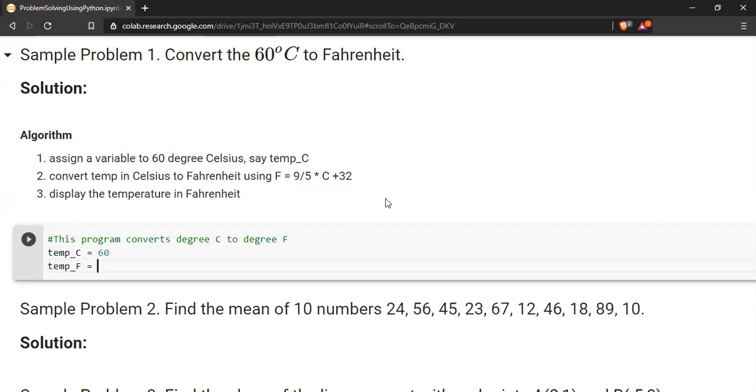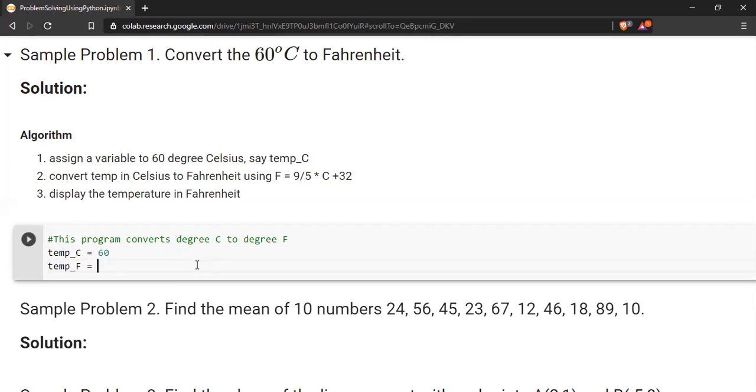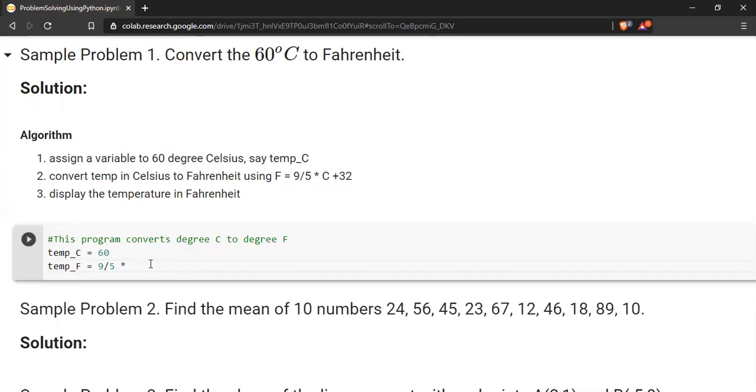And take note, we are in the second step of our algorithm. We are going to use the formula that is specified there. That's 9/5 times the temperature in Celsius. This is C. Take note, this is just the formula in your textbook. Instead of using C and F, I will be using temp C and temp F. So temp C, this is the temperature in Celsius, plus 32.